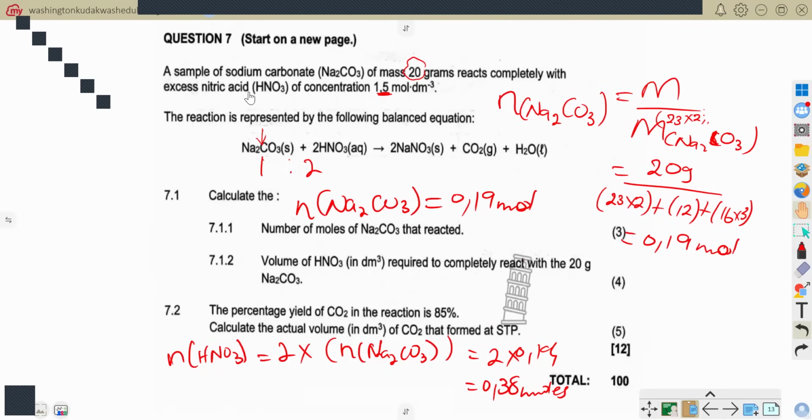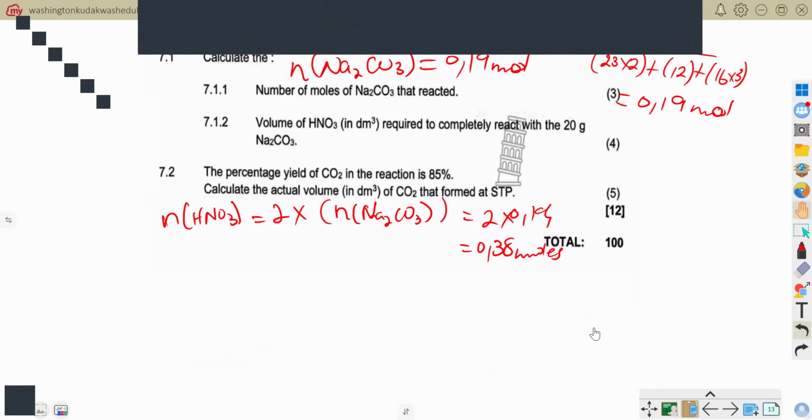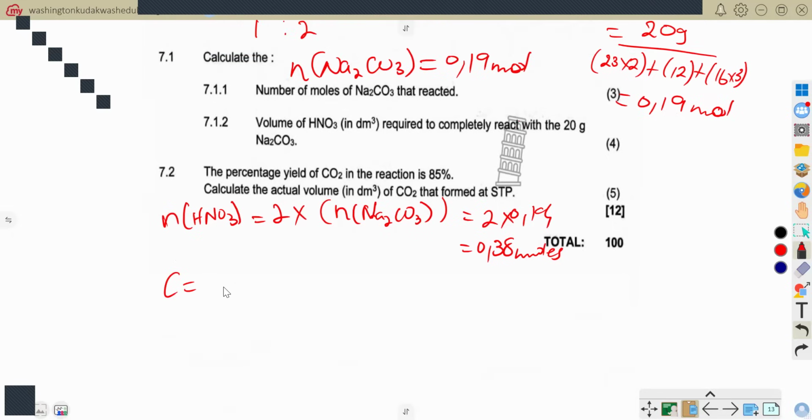They say that the nitric acid's concentration was 1.5 moles per decimeter cubed. I know that concentration can be calculated by number of moles divided by the volume. So if I want to find volume, I make volume the subject of the formula: volume is equal to number of moles divided by the concentration.